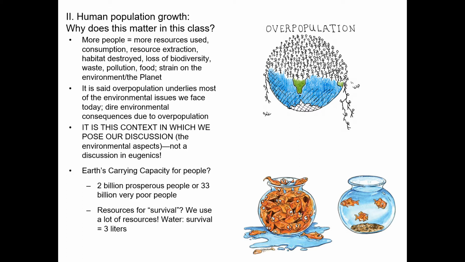When we talk about having to limit human population growth, or even get to zero population growth, that is, maintain human population at a certain number for our planet, in this course we're strictly looking at it from the context of the health of the environment and of our planet and its ability to sustain X number of people.